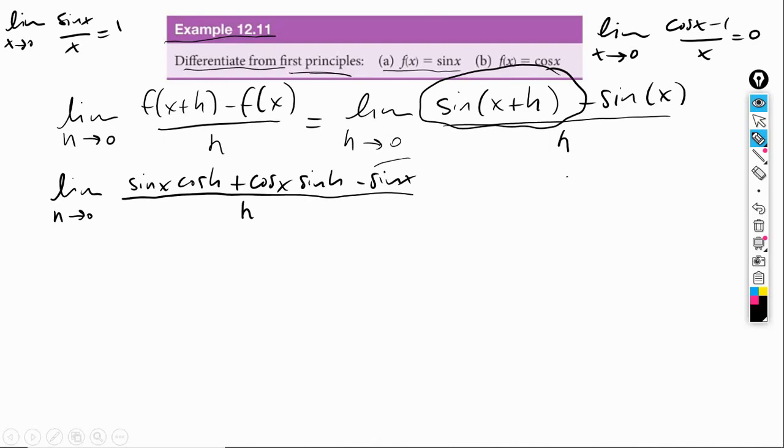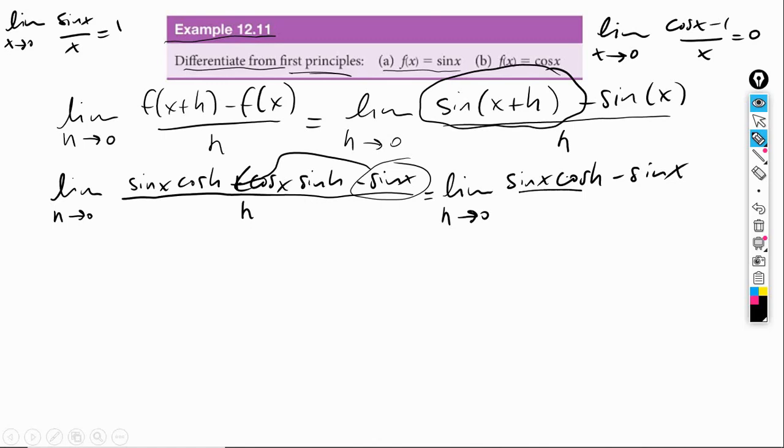Let's move this over here, and that would leave us with an expression that looks like this. So it would be the limit as h approaches 0 of sine of x cosine of h minus sine of x, and I'm going to divide this up.